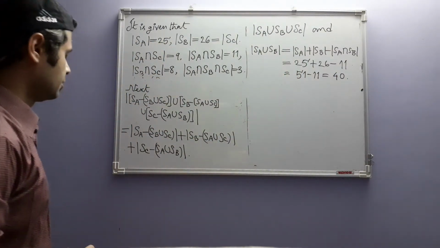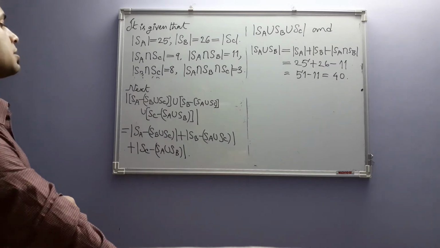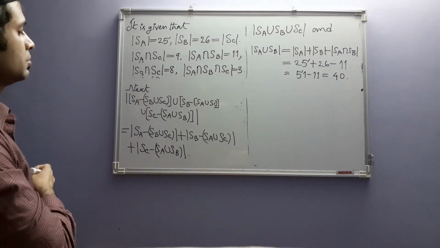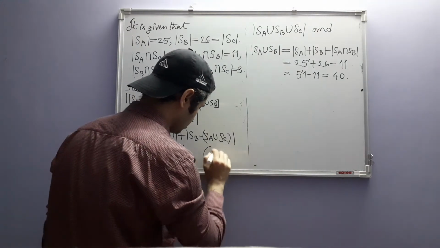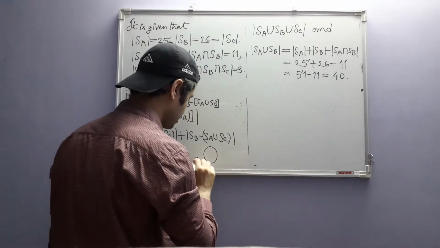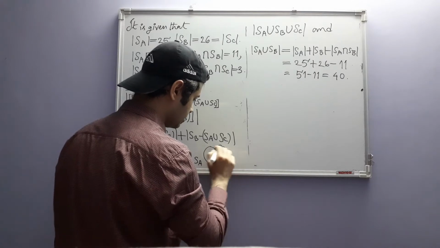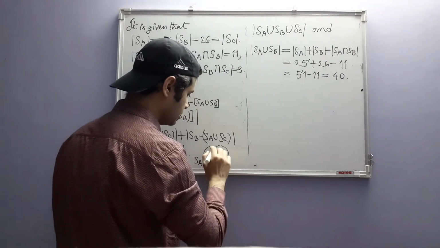Right. Now SA minus SB union SC. So that means we have SA here and SB union SC. This part we know.